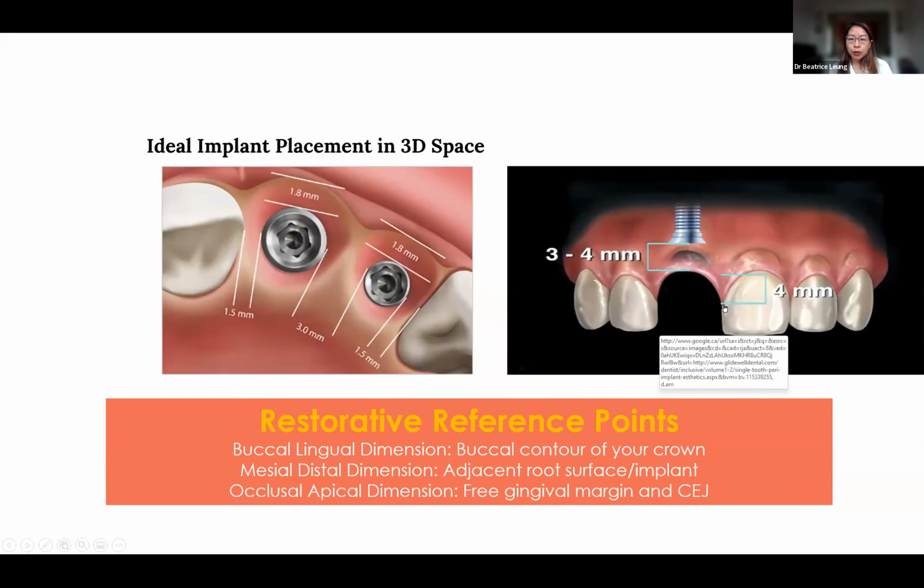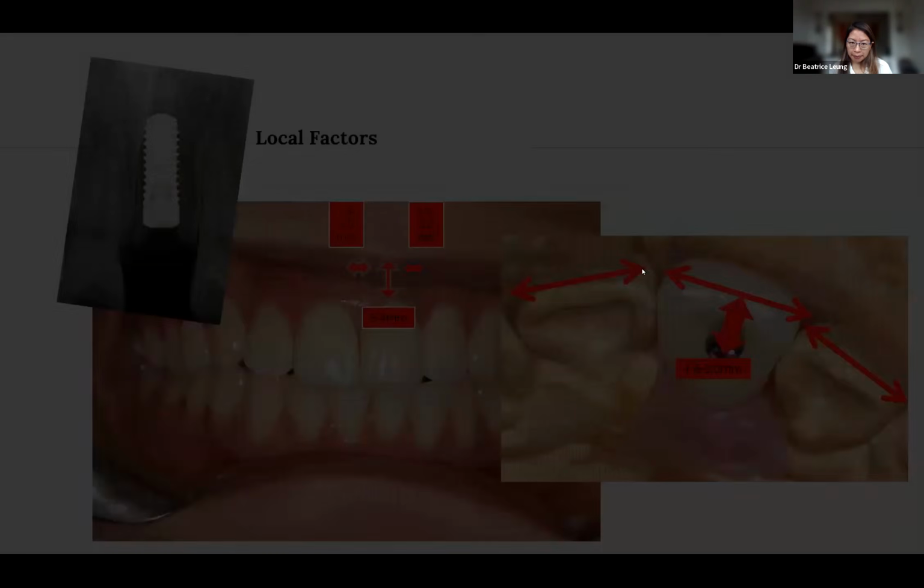Sometimes people use the CEJ as a reference point, but if the patient's gingival margin has some recession, it may not always be a reliable reference point. So I use the ideal gingival margin as my reference point. That's implant positioning. Irrespective of where the bone is, you need to know where the ideal implant should be so you can evaluate whether you can do the immediate protocol or not.